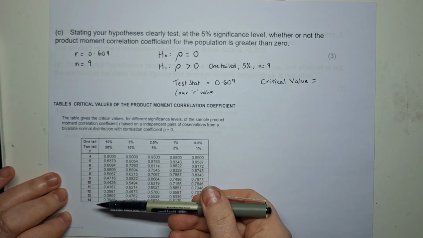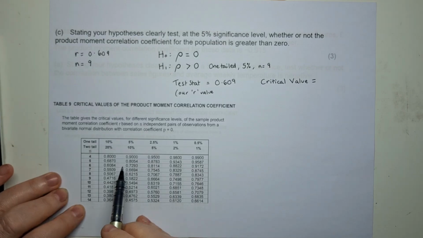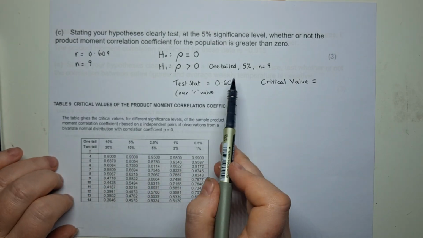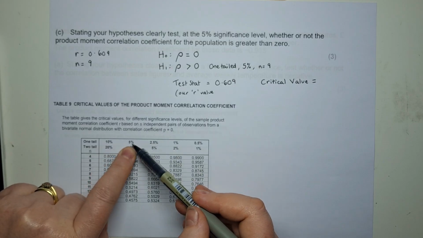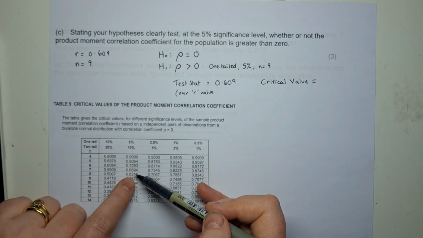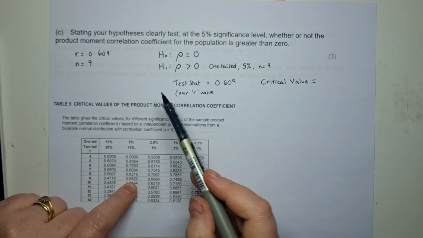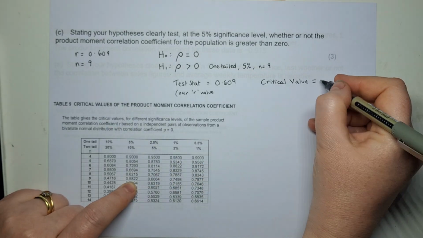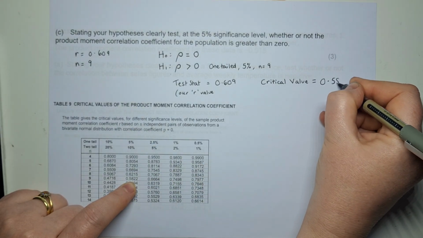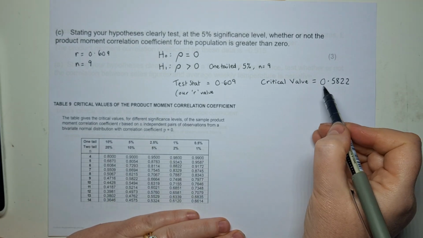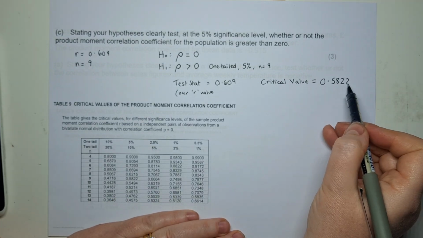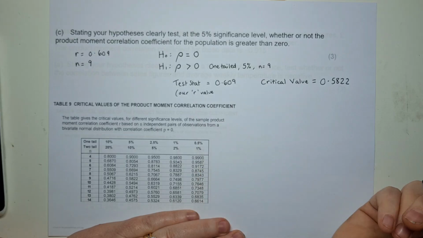The table goes longer, but we don't need more of it. We just need to find the correct column. So we want one-tailed 5%. You go down that column as far as 9, and we just write down that number, 0.5822. So basically, we just need to be this value or bigger to then show H1.